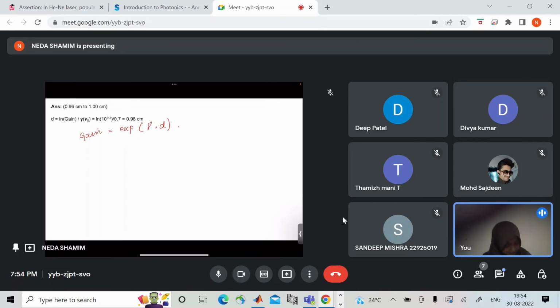Now we have that gain is equal to 3 dB, so you have to convert it: 10 log of whatever gain we have. By converting it you will get the gain, which is the anti-log of how much? 0.3. Yes, anti-log of 0.3.